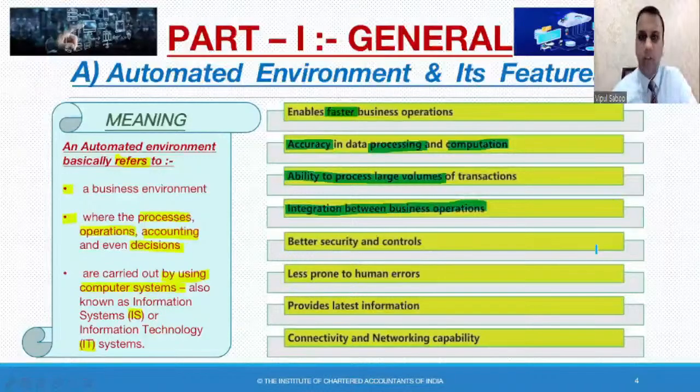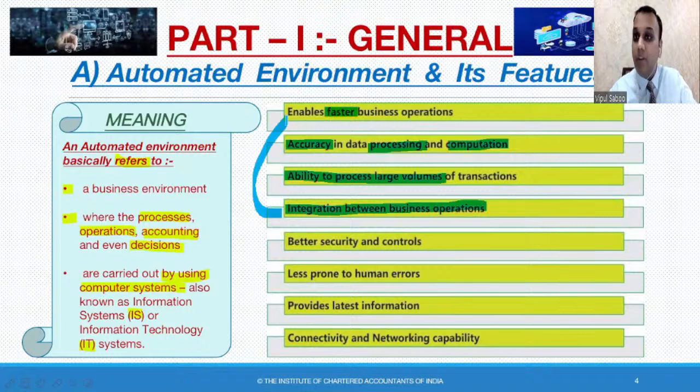Oh yeah, we need to make a report, please give us that. Ultimately, all these objectives are complementing each other. So integration between business operations will enable faster business operations.